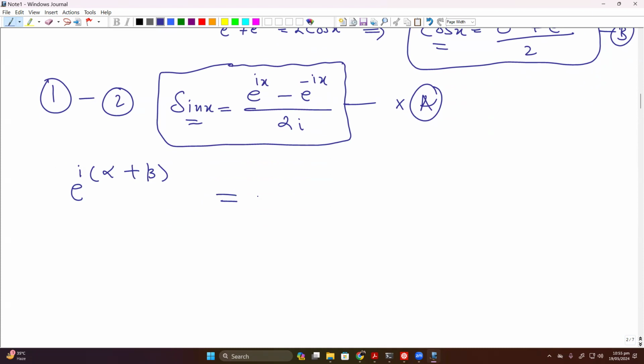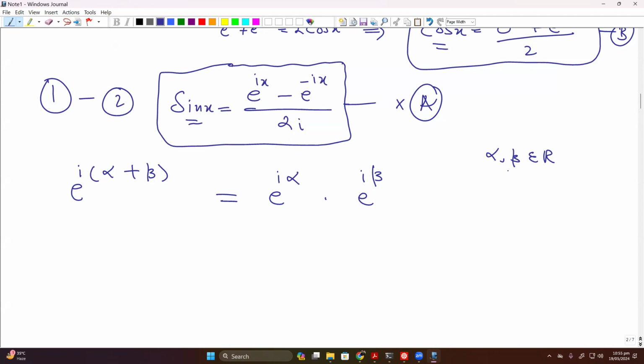And this can be written as e to the i alpha into e to the i beta. I can write it in this form because alpha and beta are real numbers and they commute. So as long as these are real numbers, I can use this kind of expansion.